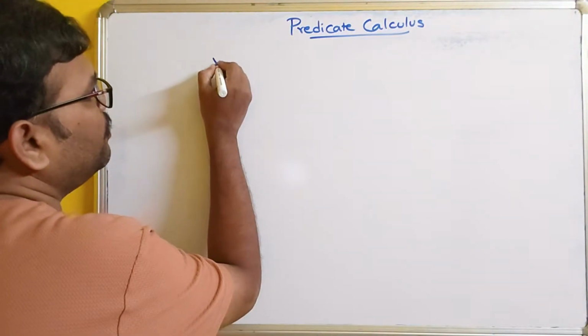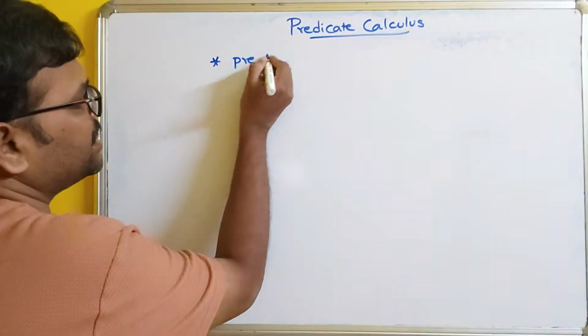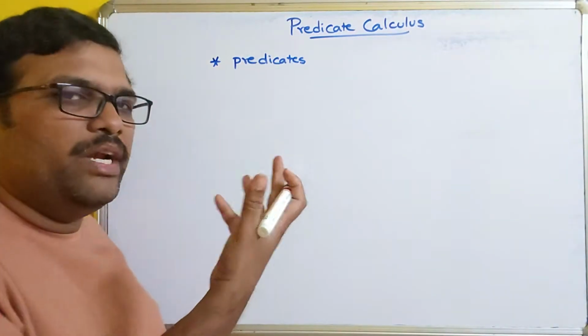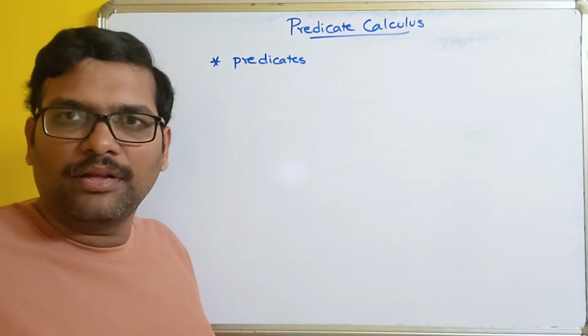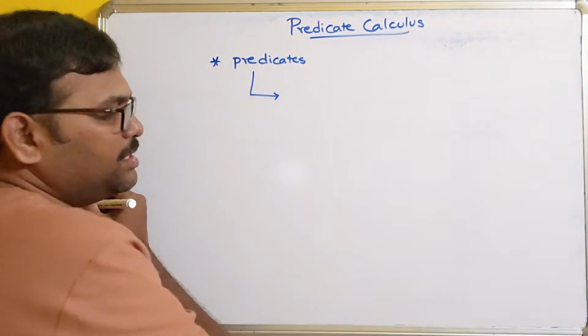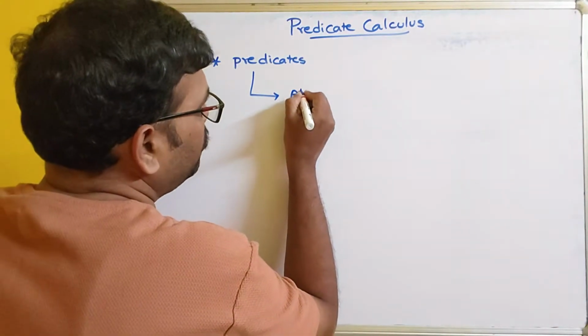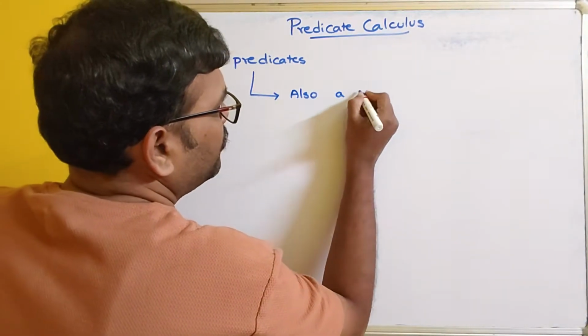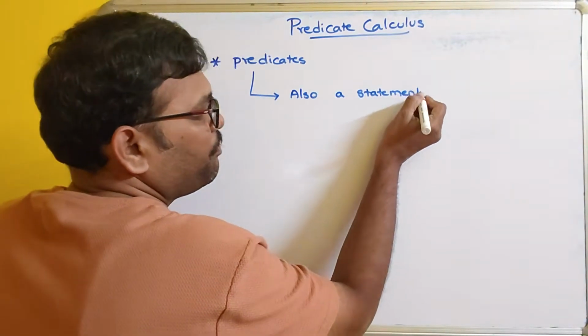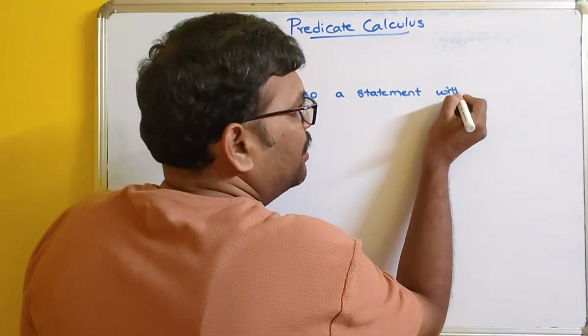But here we will be calling it a predicate. So what is a predicate and how does it differ from the proposition? A predicate is also a statement, with a variable.